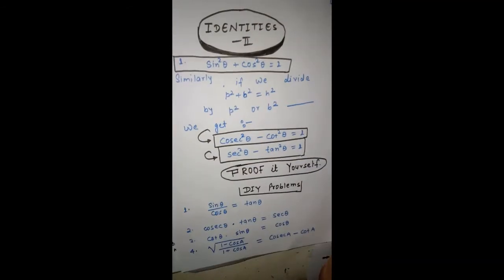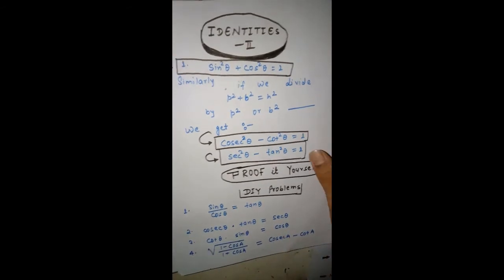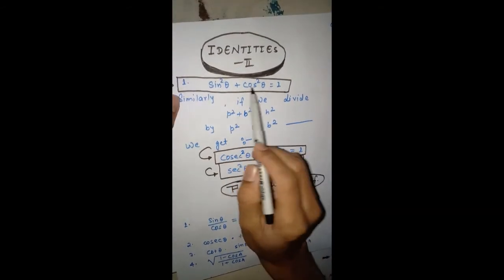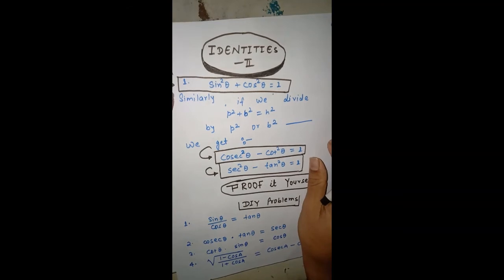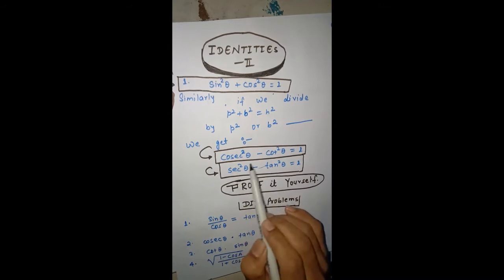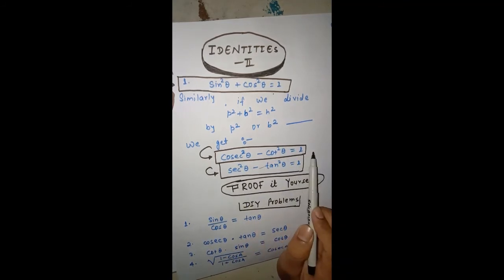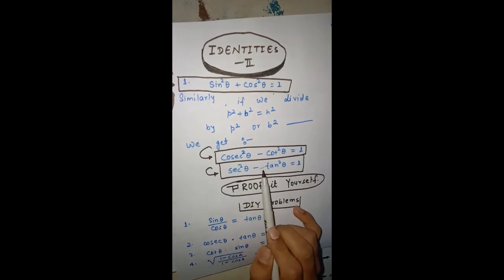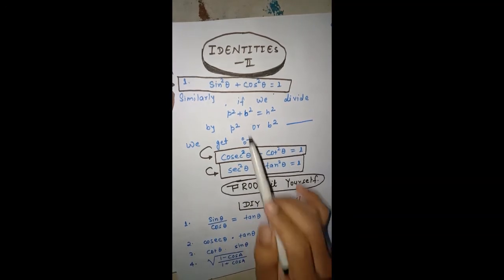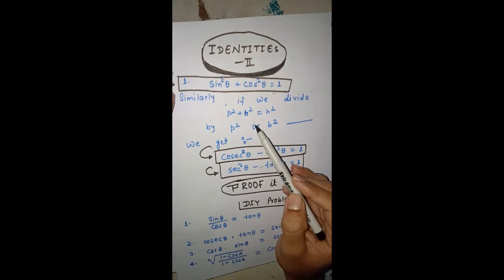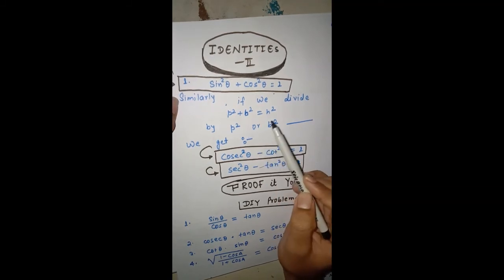Now we have derived one of the identities here, sin square theta plus cos square theta is equal to 1. You can derive another important relationships, identities: cosec square theta minus cot square theta is equal to 1, and sec square theta minus tan square theta equal to 1, by dividing by p square or b square.